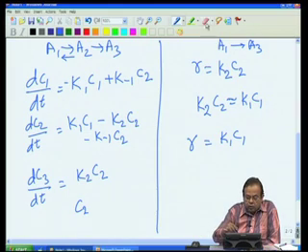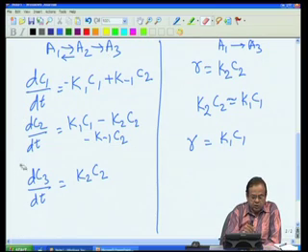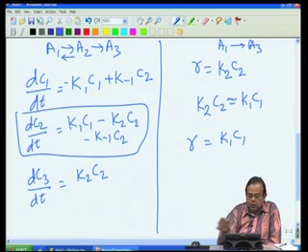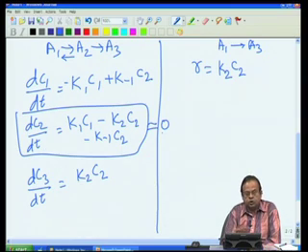So, now for this particular reaction, if I again say that the quasi steady state approximation is invoked for this species 2, then dC2 by dt is almost equal to 0.